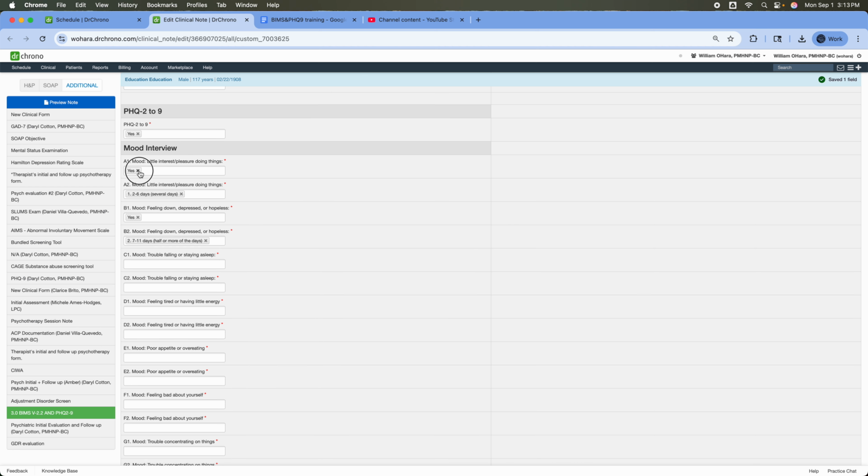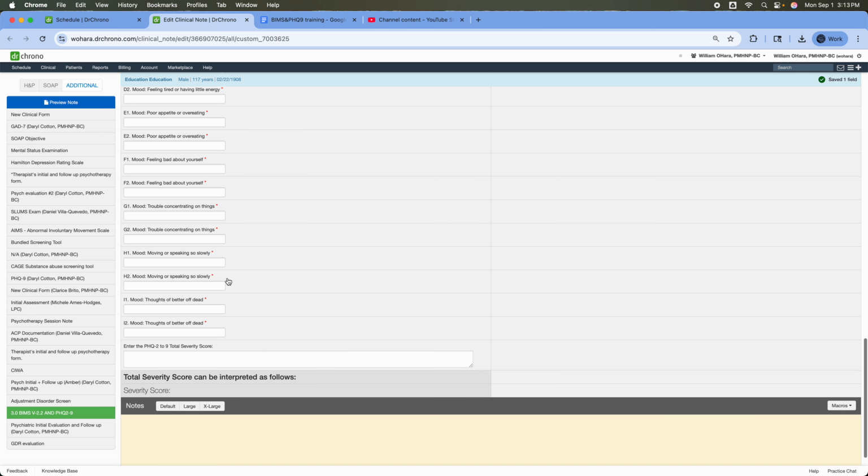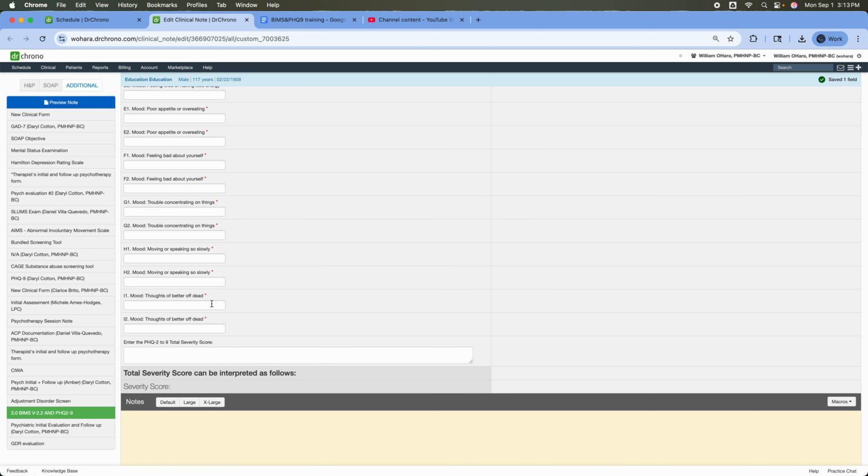Then in order to get past this, you have to go yes and a score of 2 or 3, and yes, a score of 2 or 3. And this allows you to complete the rest of the evaluation. And I can tell you that every single one of my patients scores yes and either 2 or 3 on this first section, so I am able to complete the rest of the assessment.